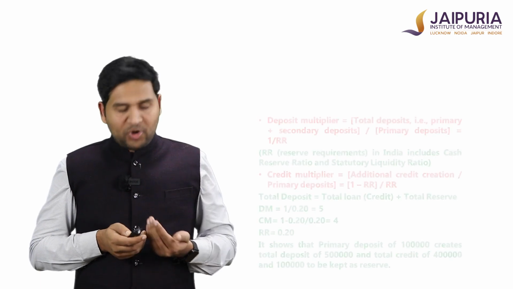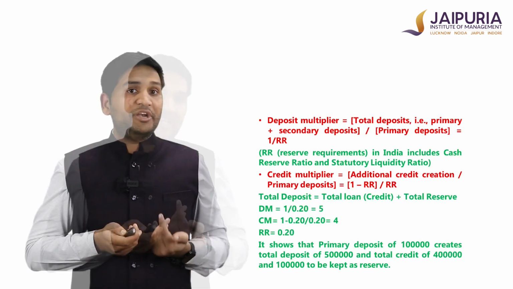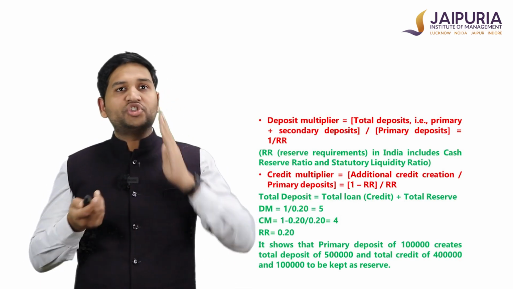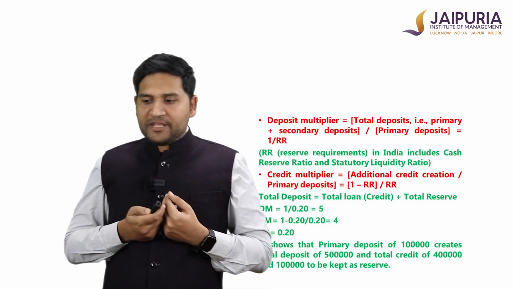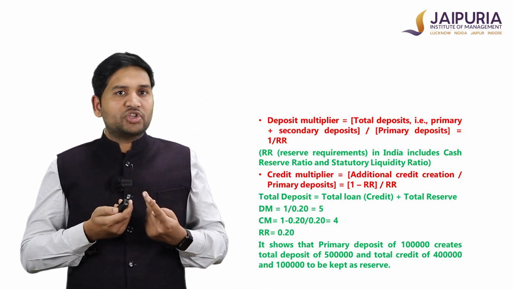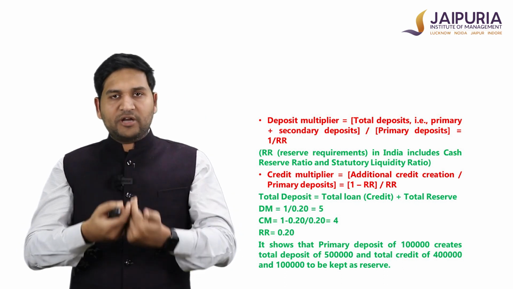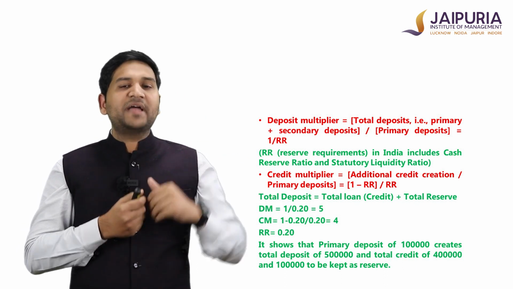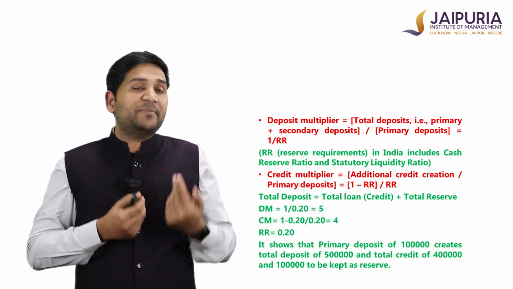This number depends on the deposit multiplier and credit multiplier. So what is the deposit multiplier? The deposit multiplier is the total deposit that a bank is going to create out of the primary deposit.